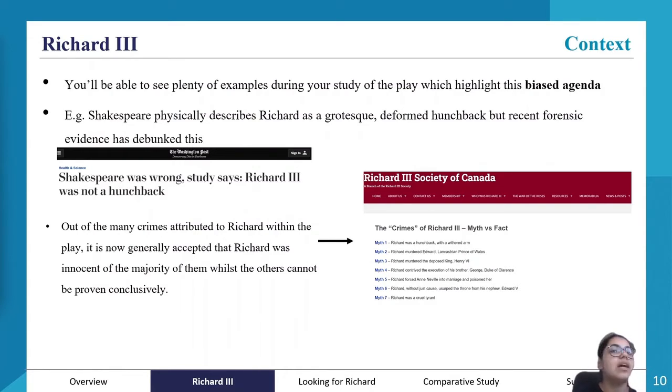So from the very beginning of the play, Shakespeare establishes the fact that Richard is a bad person. He is evil by nature, and his deformity is a symbol of that.